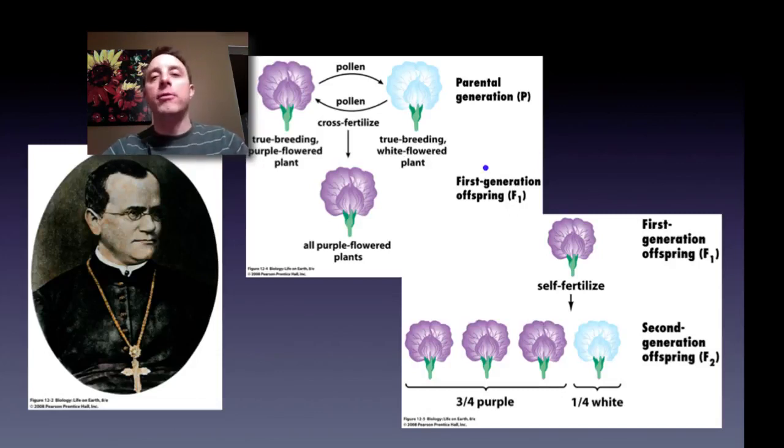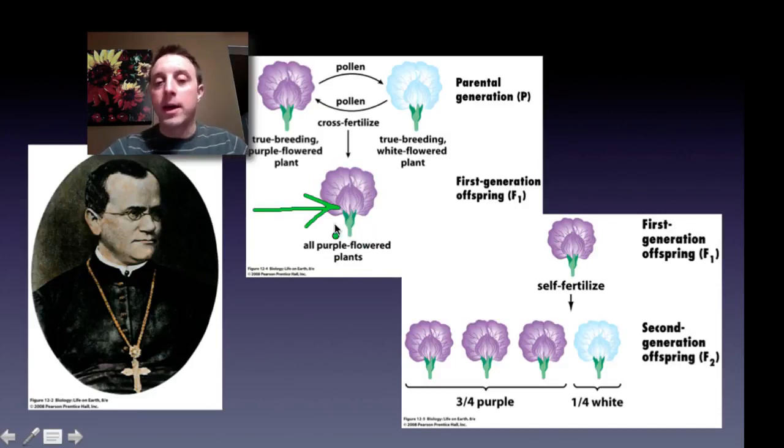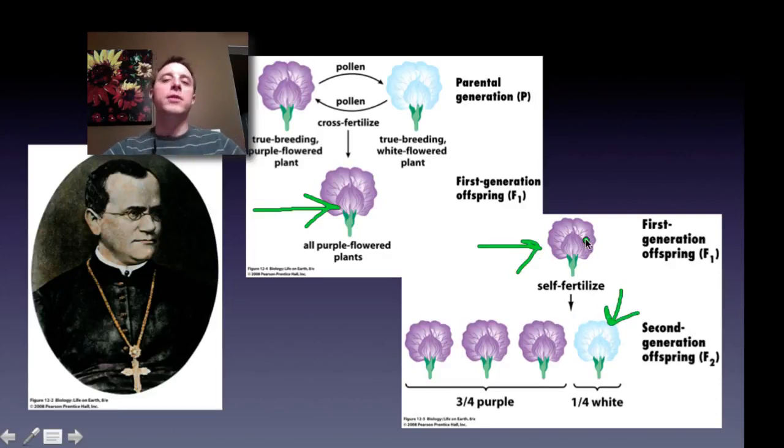So he reasoned that these F1 plants, even though the flower color is purple, must have the allele, as we call it now, for white hidden somewhere, because for the offspring to express it, it has to come from the parents.